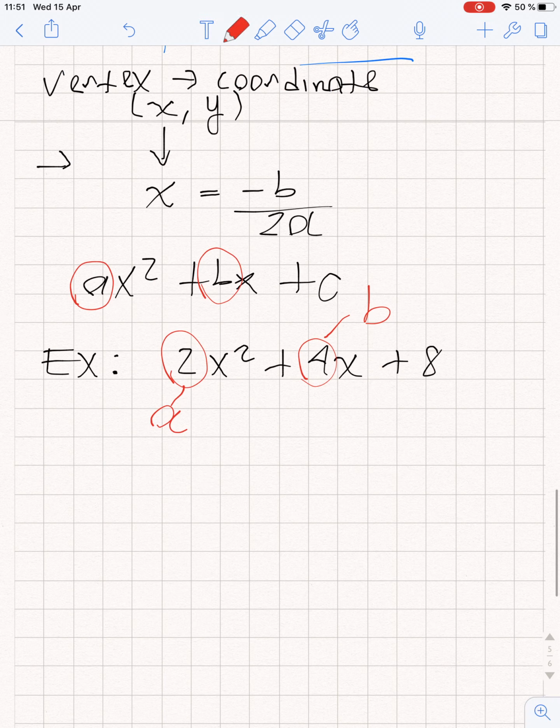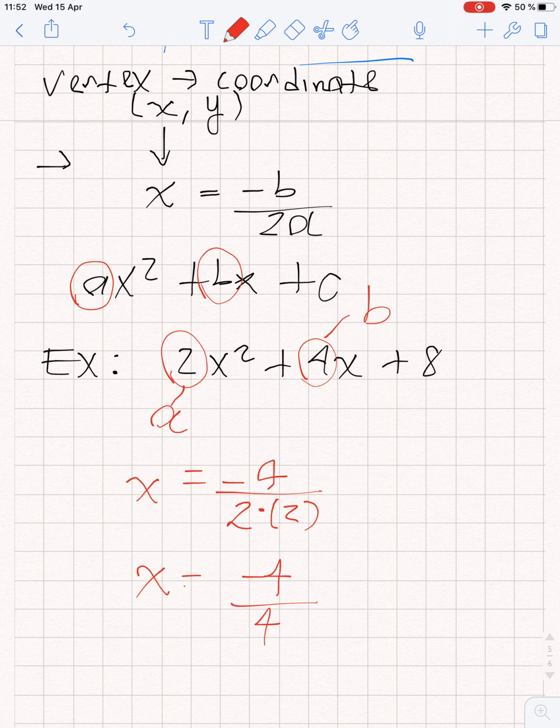The answer in this case is going to be x equals -b, the value for b is 4, over 2 times the value for a, that is 2. In this case, x equals -4 divided by 2 times 2, which is 4, and the value for x is going to be equal to -1.